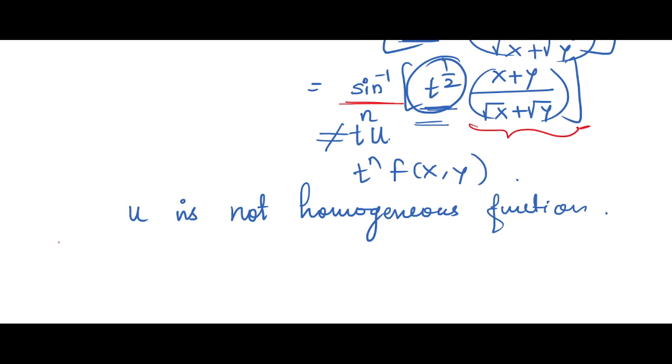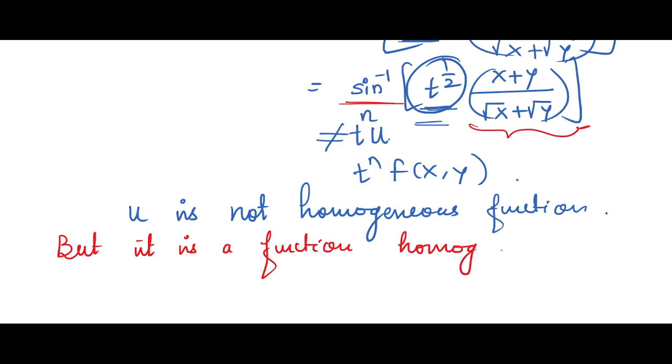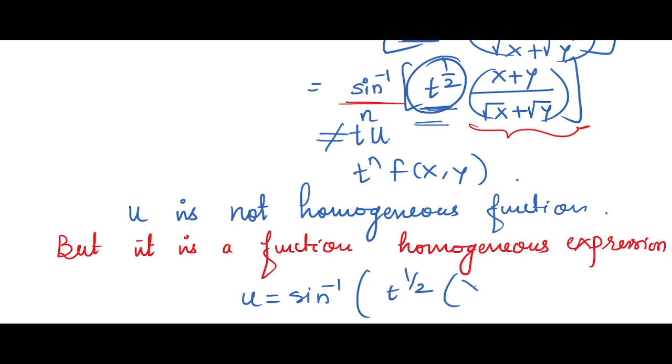So u is not homogeneous, but it is a function of a homogeneous expression. Okay, so this we can rewrite as it is given, sine inverse of t raised to 1 by 2 (x plus y) upon (root x plus root y). So from the given we have obtained this.